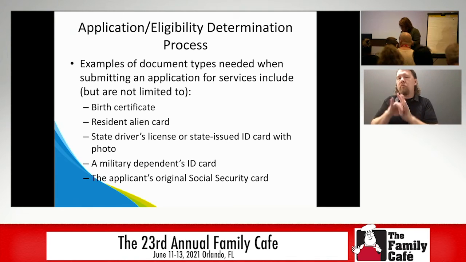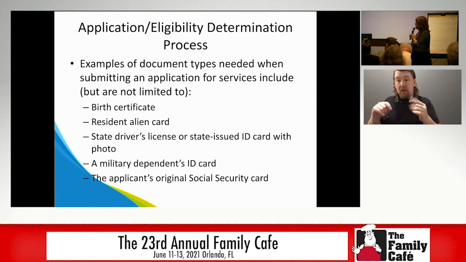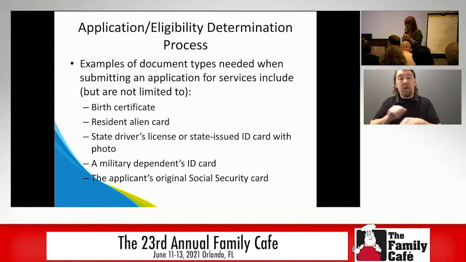These are the birth certificate, resident alien card, a person's state driver's license or state issued ID card, a military dependent's ID card, the applicant's original social security card, or you can also submit a US passport, certificate of naturalization, certificate of citizenship, school photo for applicants who are 16 years of age or younger.